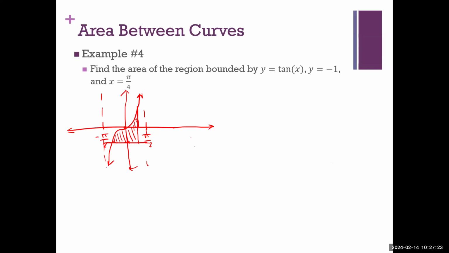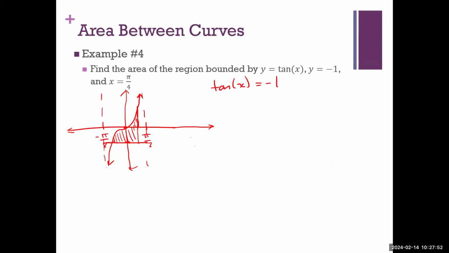Okay, so got a graph. How does that help? We can, but why? Right. So I think the right bound is given to us. We're going to set up an integral whose upper bound is pi over 4.